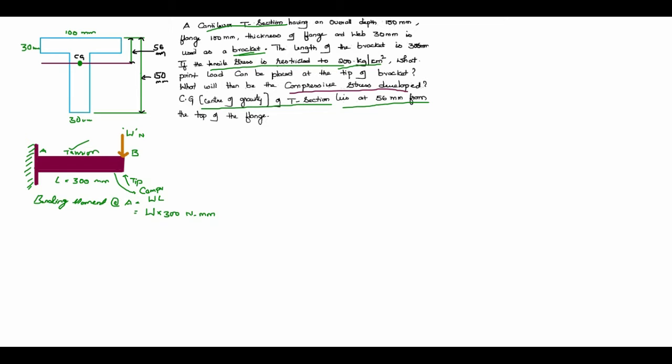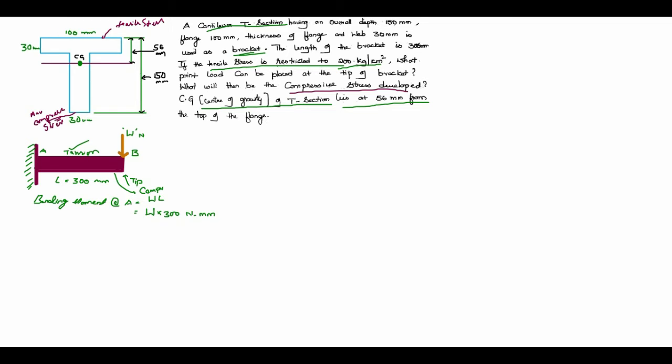In the bottommost layer, right? It is nothing but this layer. In this layer, maximum compressive stress is going to exist, and in the top it is going to have tensile stress restricted to, that means that is the maximum stress that is allowed at the topmost layer, tensile stress.